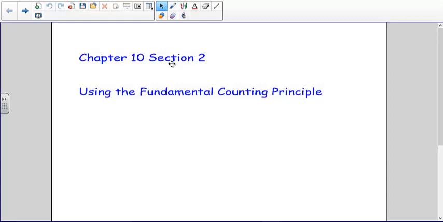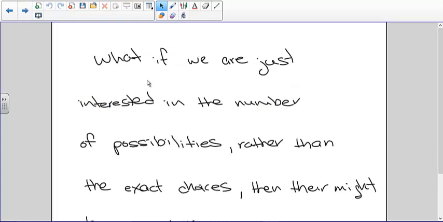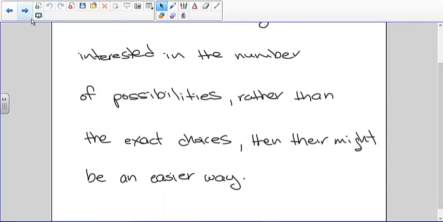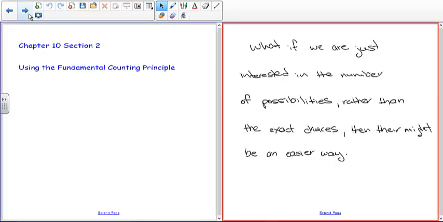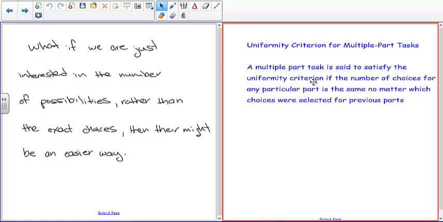Before we define what the fundamental counting principle is, we need to define something else. So let's go to the next page. What if we were just interested in the number of possibilities rather than the exact choices? Then there might be an easier way. And there is. There's this thing called the uniformity criterion for multi-part tasks.